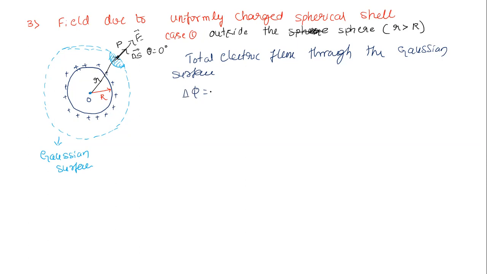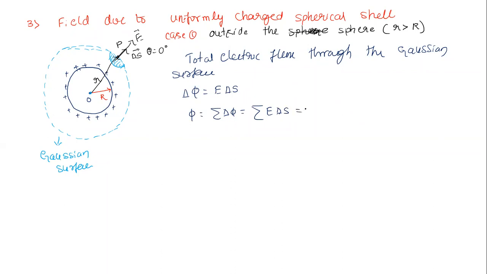So delta phi is equal to electric field into delta S. Theta I'm not taking, I'm taking it directly at 0, and cos 0 degrees is 1, we know. This is for a small area. If I want to find the total electric flux through the entire surface, I need to take the total electric flux phi equal to the summation of delta phi, that is equal to the summation of E into delta S.